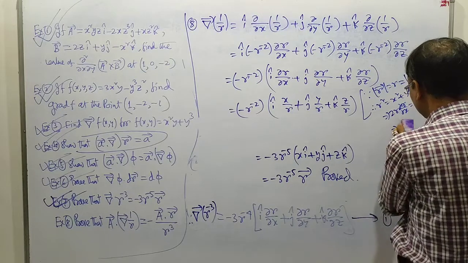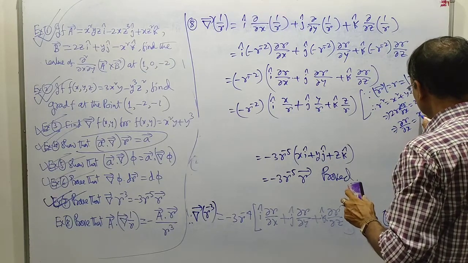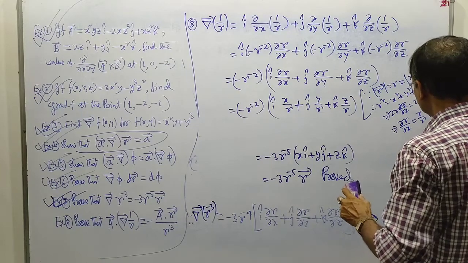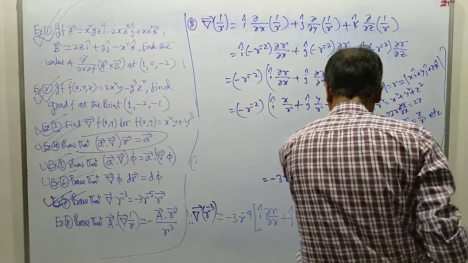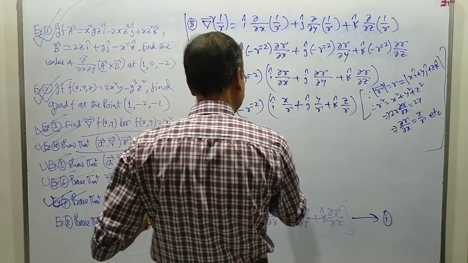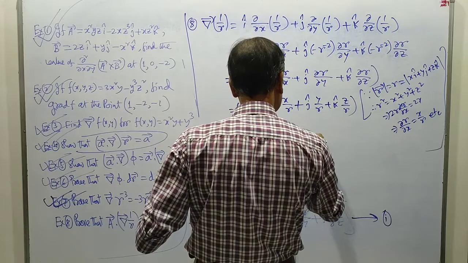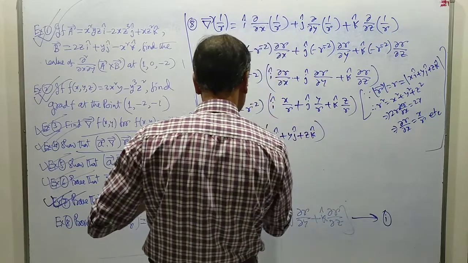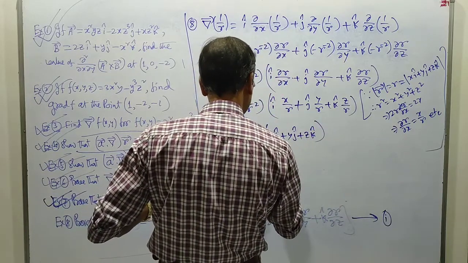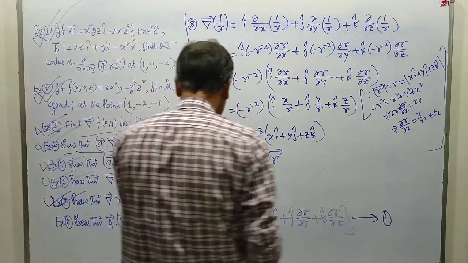This means del r by del x equal to x by r, etc. Similarly for the other terms, this is equal to minus r to the power minus 3 times x i cap plus y j cap plus z k cap. This is equal to minus r to the power minus 3 r vector.